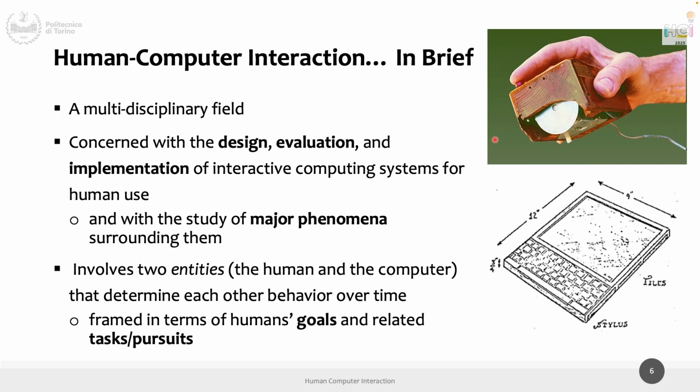This is the Dynabook. It's called the Dynabook. I don't remember exactly, but 19 something. Look up when Ethernet was invented, and you will find more or less the years.